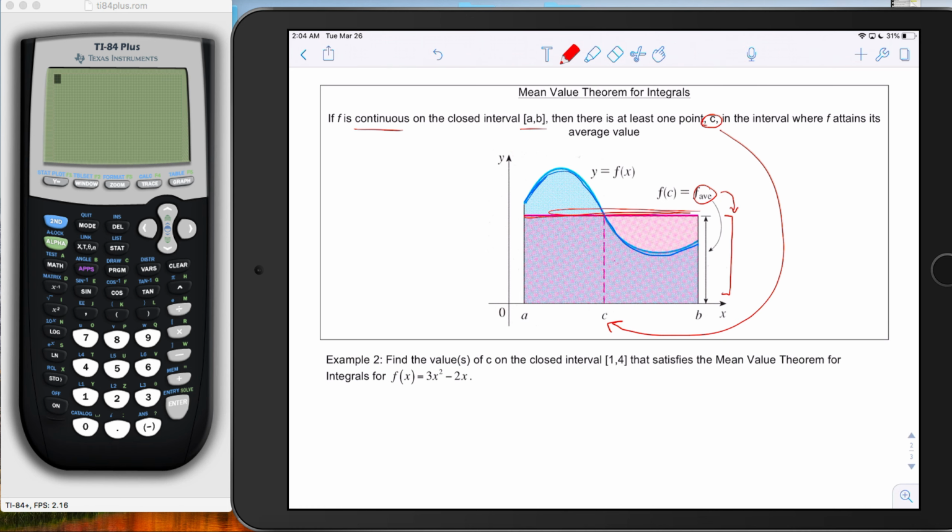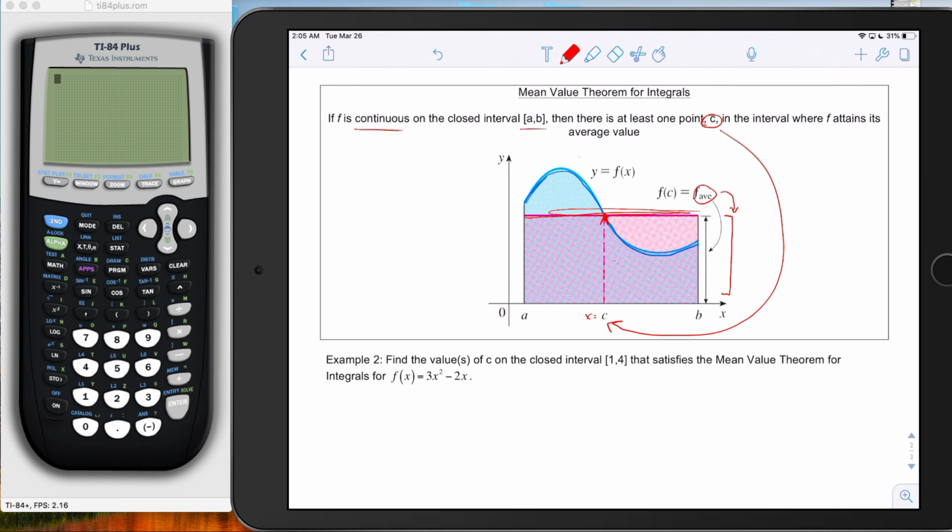You're going to find that at one point in this interval from a to b, there will be some c value, some x equals c value, where it touches, or it essentially gives you that average value. Okay, so that's what it means. There has to be at least one time this happens.